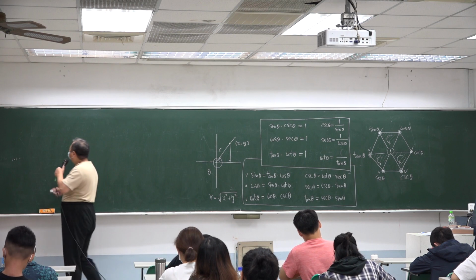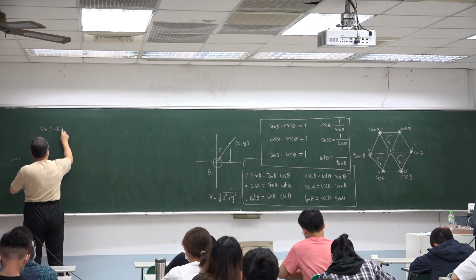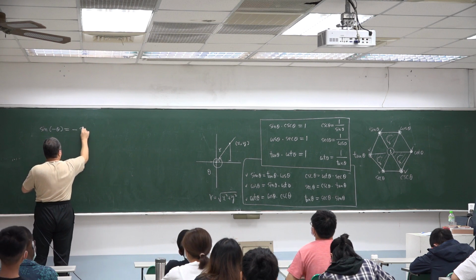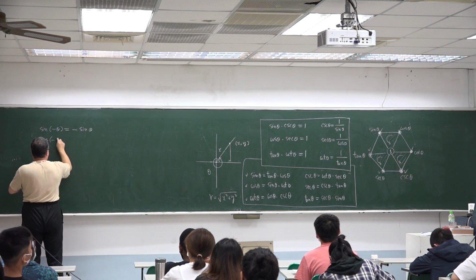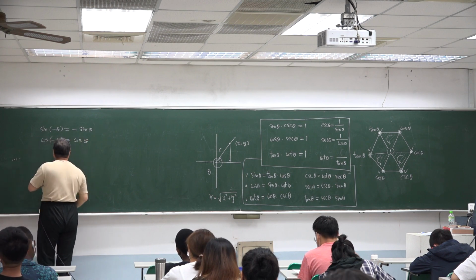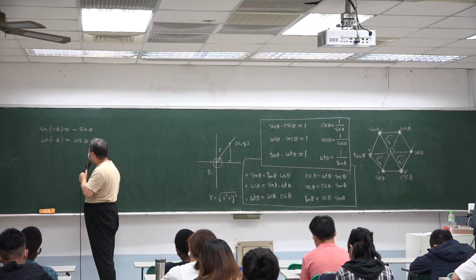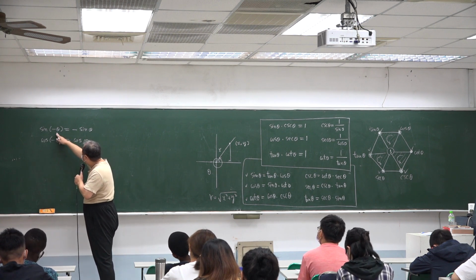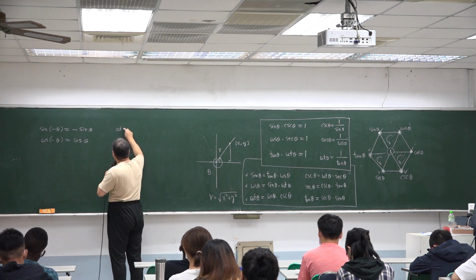Negative angle property: a function with this property preserves its negative. It's called an odd function.